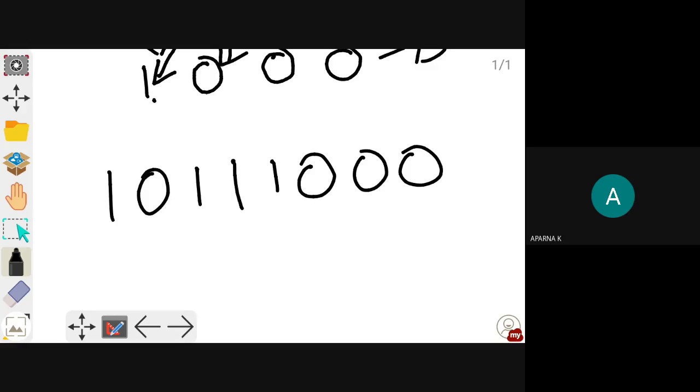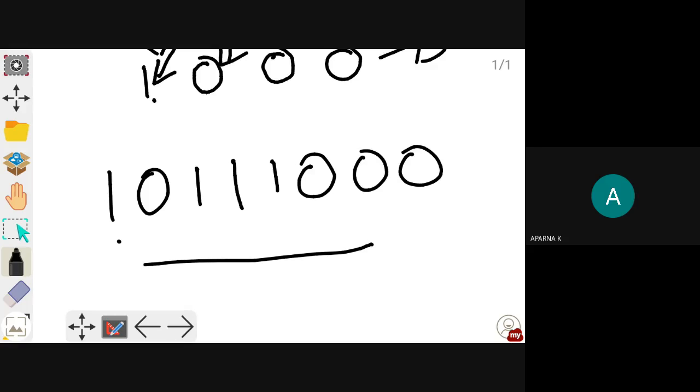Binary to gray means you have to write the most significant bit as it is, and with the next bit of your binary number you have to perform XOR and write the gray code. And from gray to binary number, you have to write the most significant bit as it is, and the first bit of your gray code and the next bit of your binary number, you have to perform XOR and write the code.